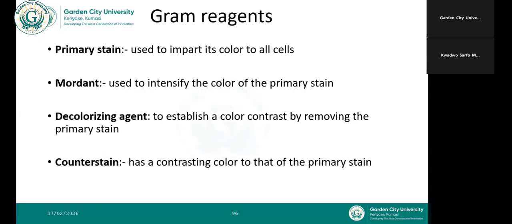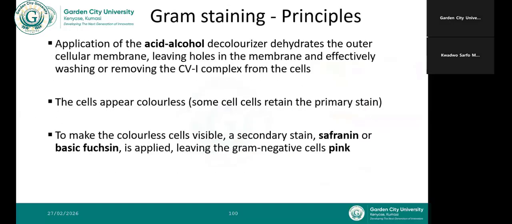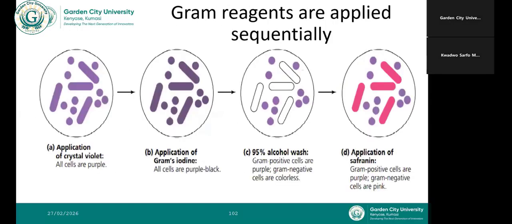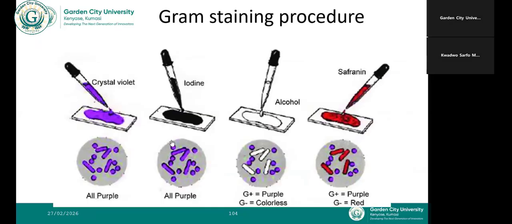So we are on Ziehl-Neelsen or acid fast staining. On the acid fast, I was saying that there are some bacteria that will resist decolorization with the usual ethyl alcohol.